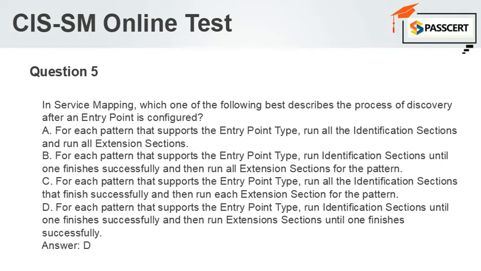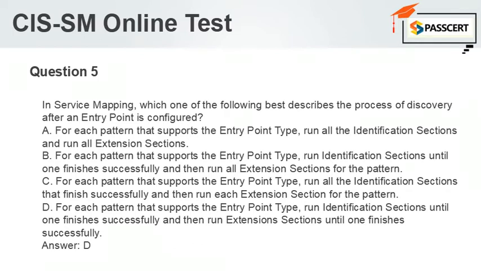Question 5. In service mapping, which one of the following best describes the process of discovery after an entry point is configured? A. For each pattern that supports the entry point type, run all the identification sections and run all extension sections. B. For each pattern that supports the entry point type, run identification sections until one finishes successfully and then run all extension sections for the pattern.